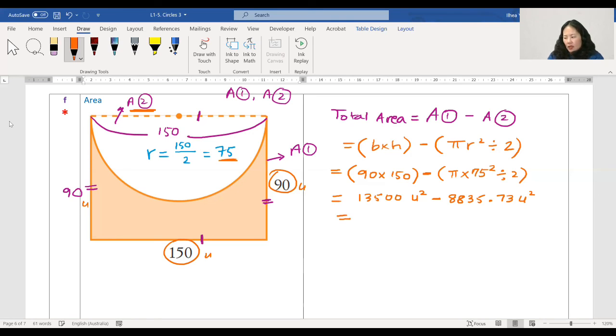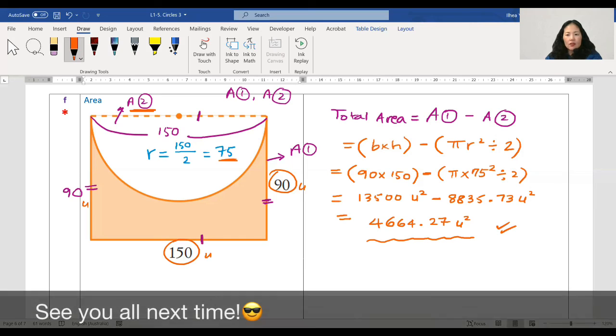And if I do that, I'll get 4,664.27 units squared. So that's my total shaded area. Okay, that's all for today. Well done.